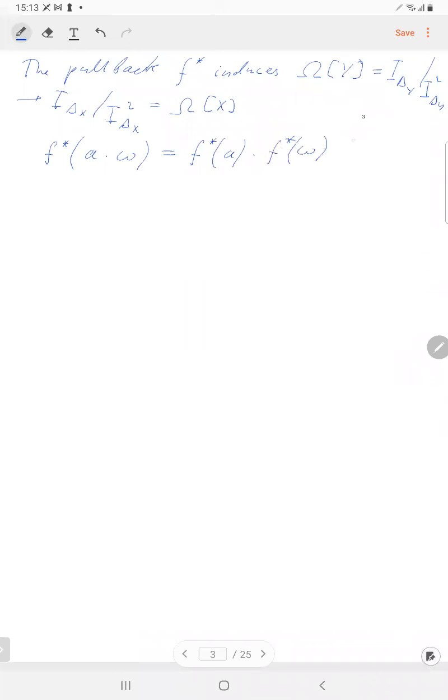So it's k[Y]-linearity. And also there is a compatibility with differentials.